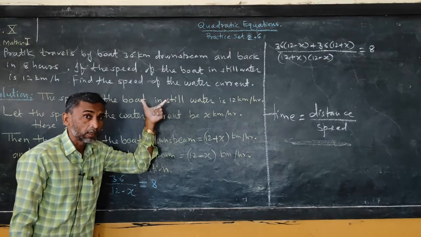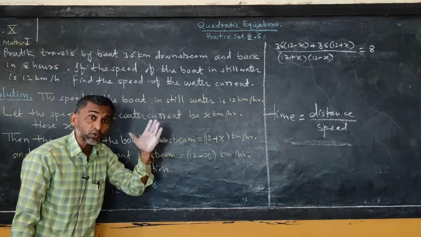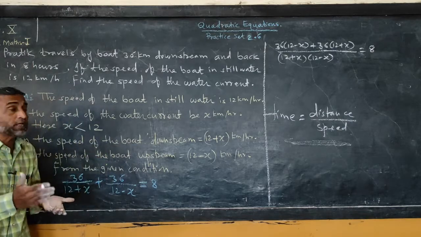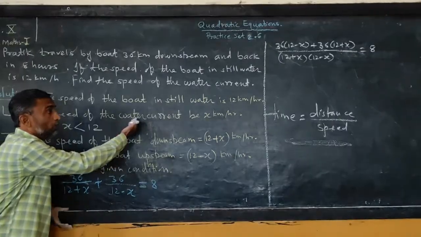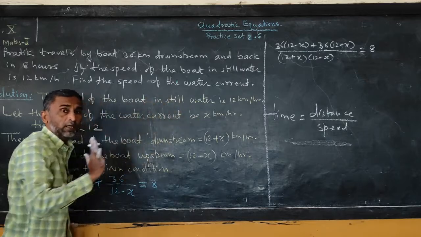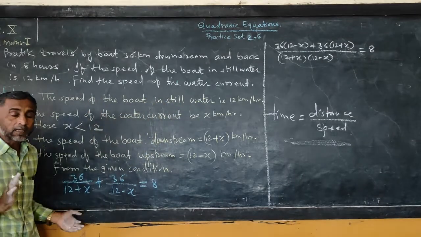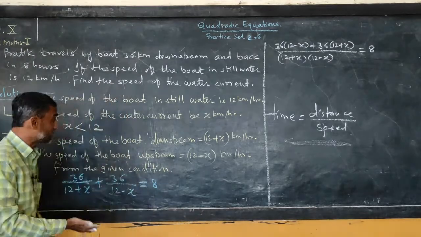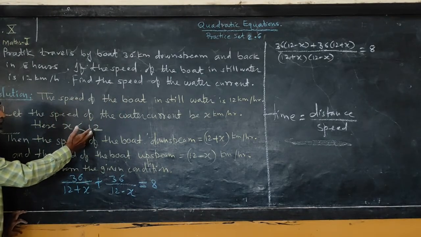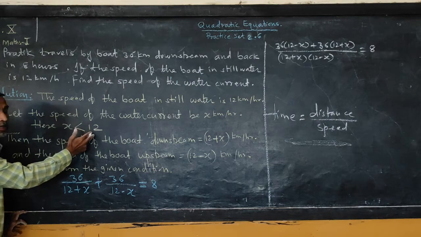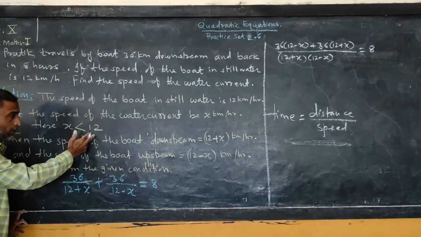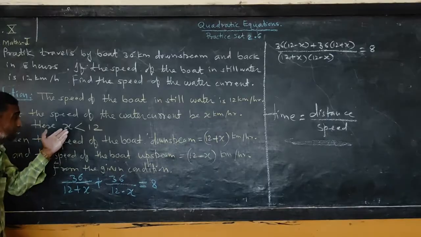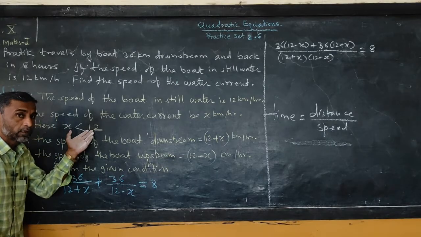Speed of the boat is given, which is 12 kilometer per hour. We are considering the speed of the water current to be x kilometer per hour. Definitely the speed of the boat will be greater, that is 12 is greater than x here, because 12 is the speed of the boat in still water and x is the speed of the water current, so x is definitely less than 12.